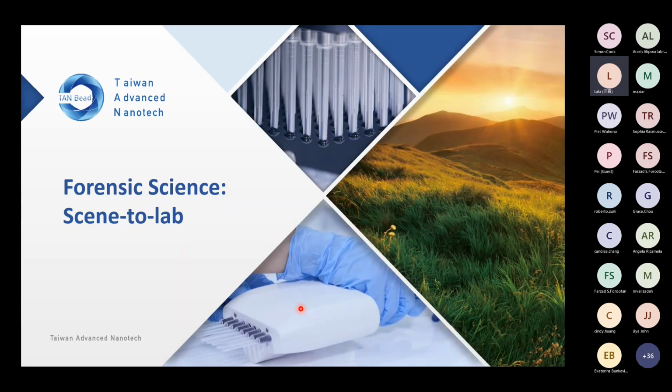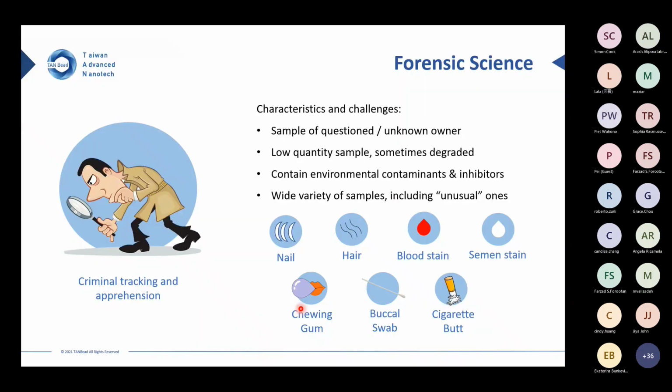Now we're going to look at the forensic science scene to lab process. What makes forensic science different from others is that it works closely with the law and justice system. So let's say we're working with the police to track and apprehend a criminal.